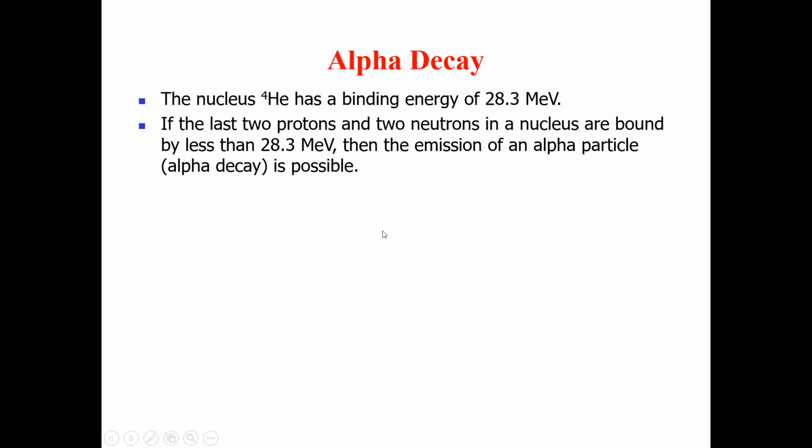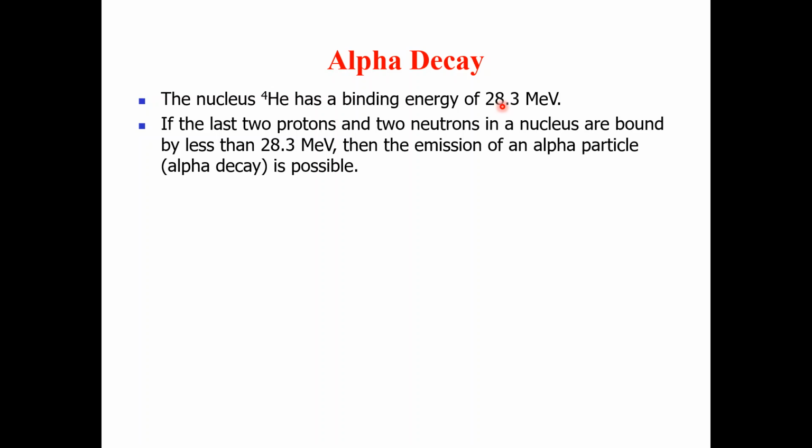So if the last two protons and two neutrons in a nucleus are bound by less than 28.3 mega electron volt, then the emission of alpha particles, which we call alpha decay, is possible. Let me repeat it again. We have the helium nucleus, the alpha particle, and it has a binding energy of 28.3 mega electron volt.